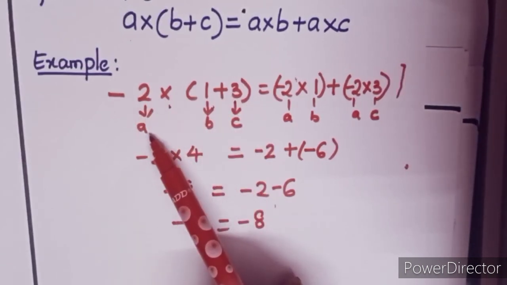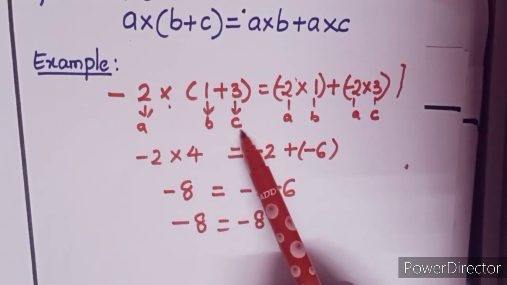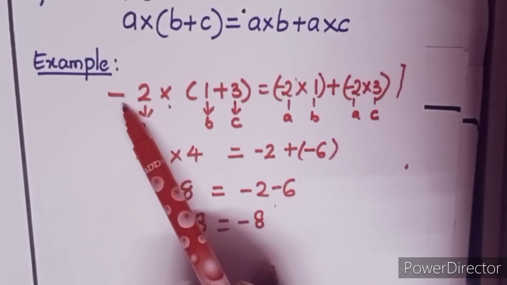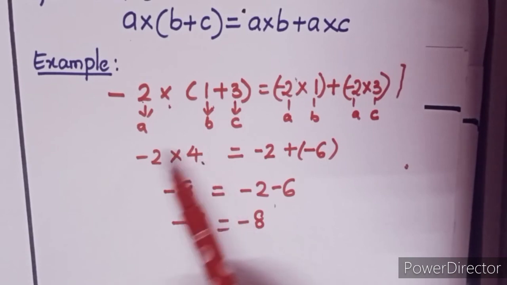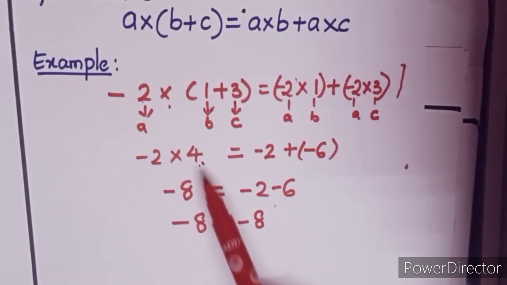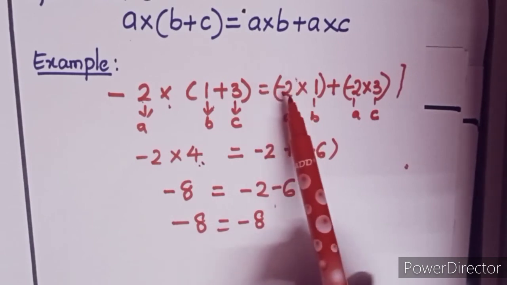Here minus 2 we have taken as a, 1 we have taken as b, 3 we have taken as c. Let us solve the left hand side first, children. Minus 2 into 1 plus 3, which is 4. Minus 2 into 4 is minus 8.